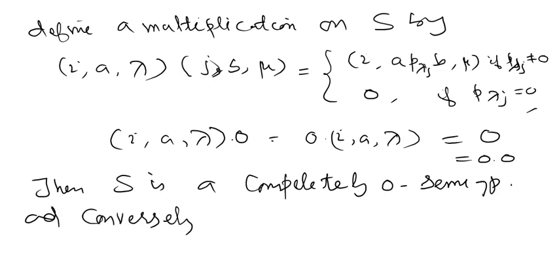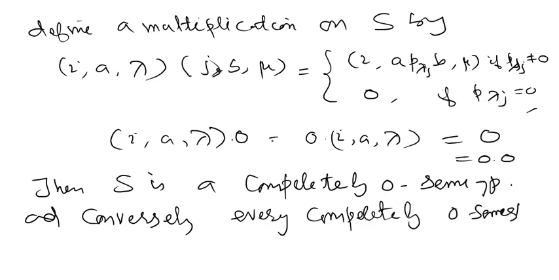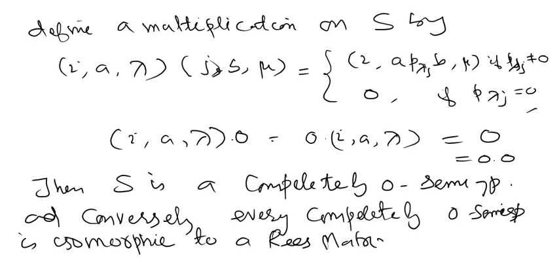Conversely, every completely zero semigroup is isomorphic to the Rees matrix semigroup, the semigroup S you have taken above, is isomorphic to a Rees matrix semigroup constructed above.